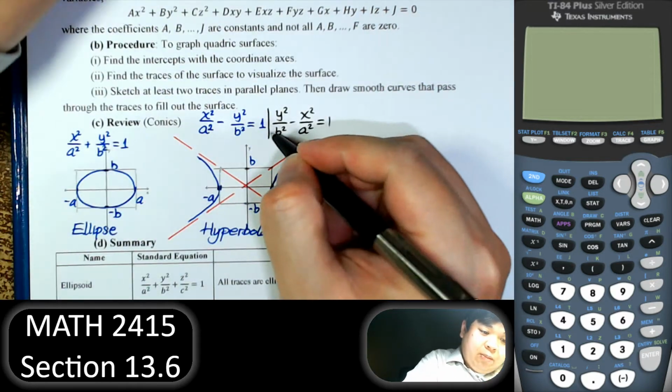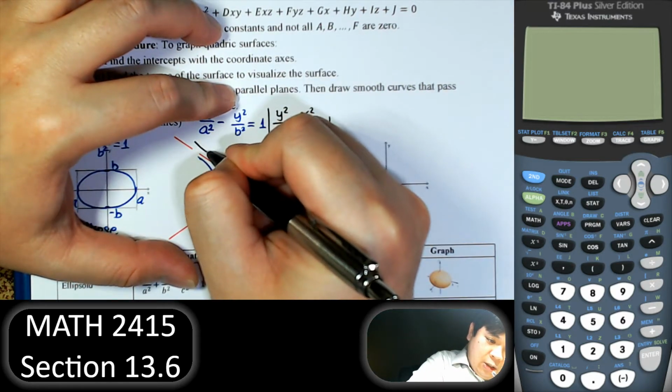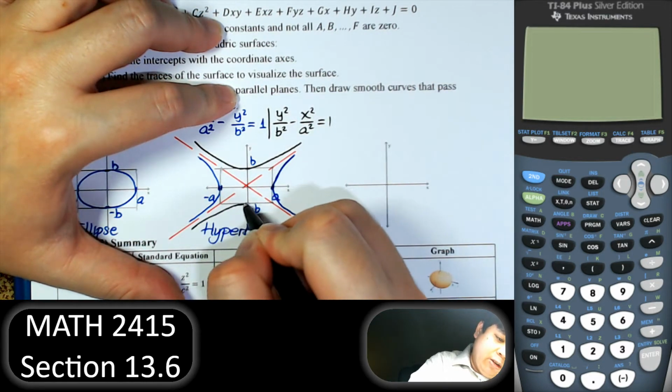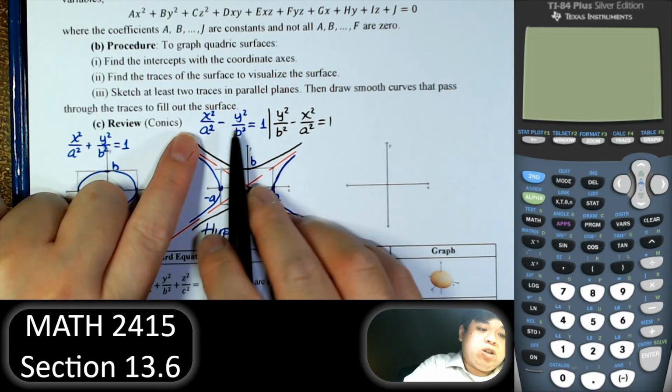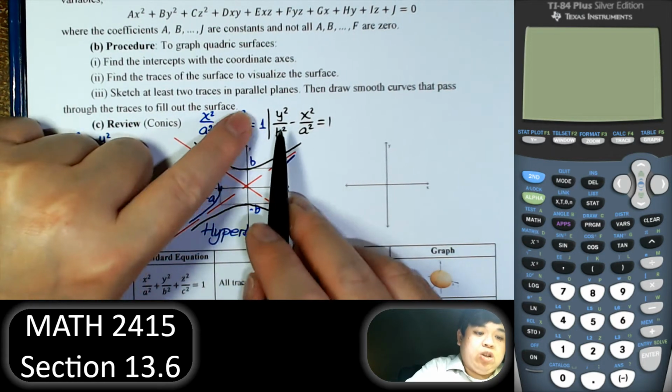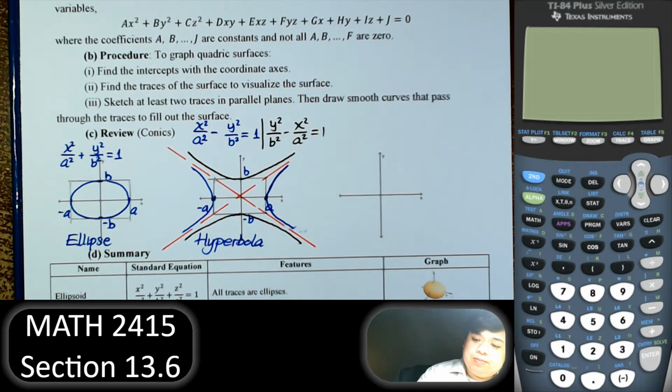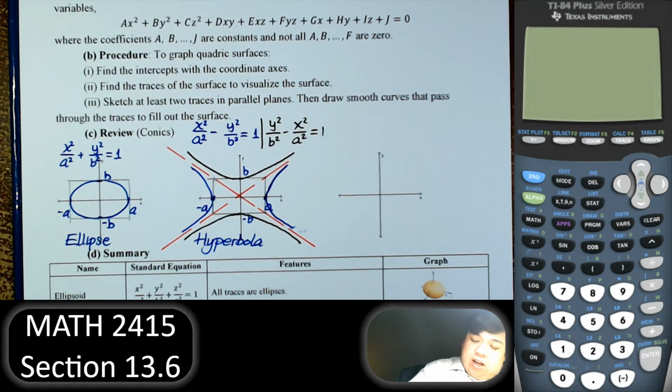So in this case, we have a hyperbola that goes vertical. So if we start with x squared, horizontal. If we start with y squared, vertical. So those are hyperbolas. And then the last one is the parabola.